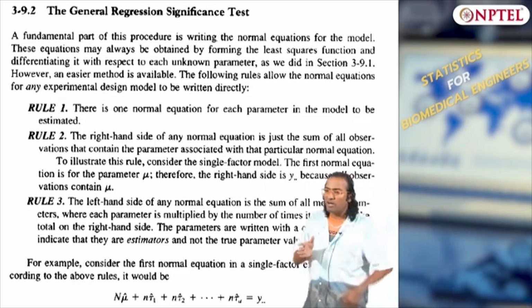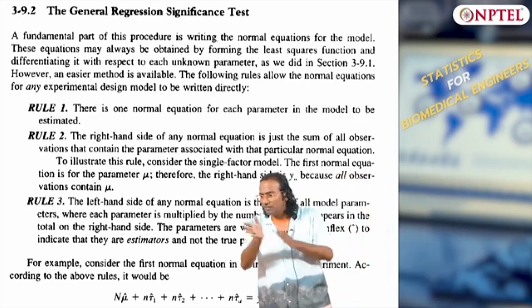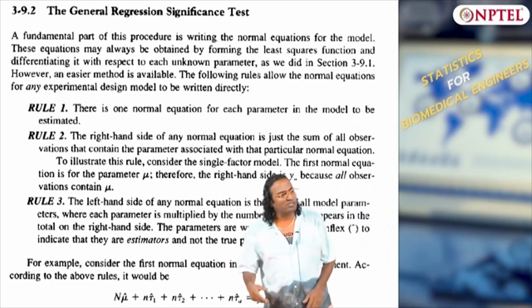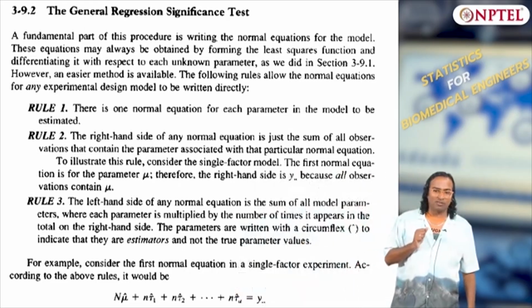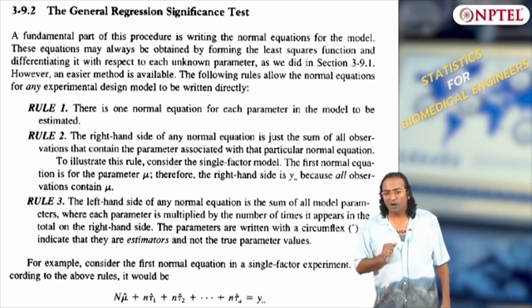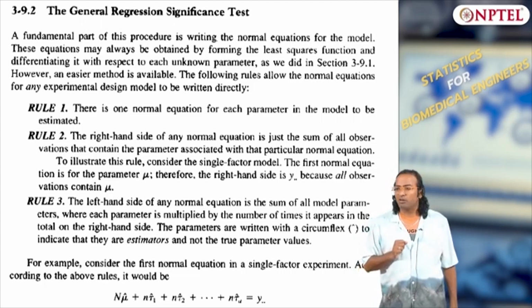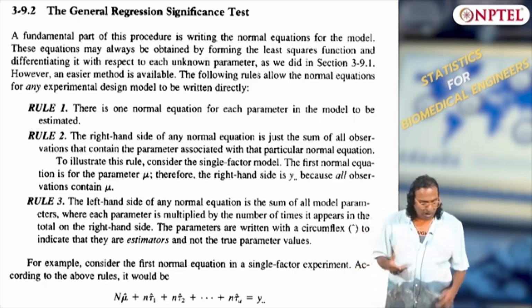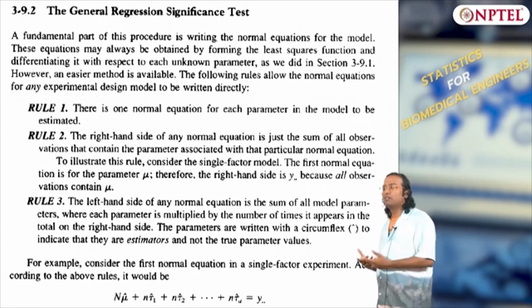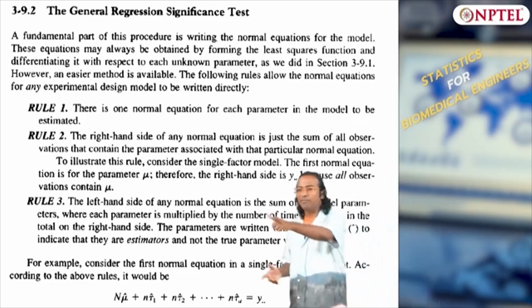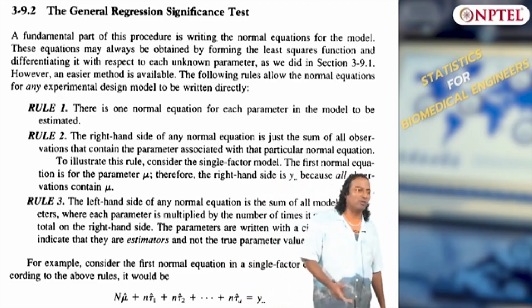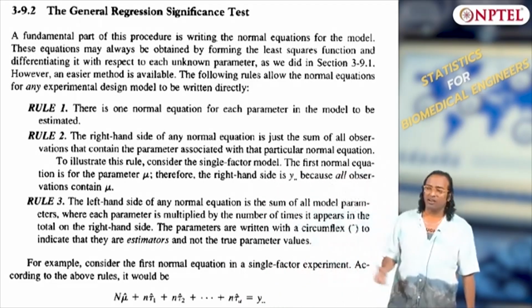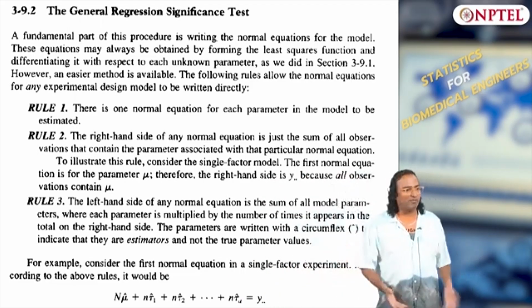Because normal means perpendicular. So, that is why these are called least squares normal equations, because we are trying to find an orthogonal projection. Two points have minimum distance when they are orthogonal, and we are only minimizing the squared distance, which is nothing but the square of the distance.